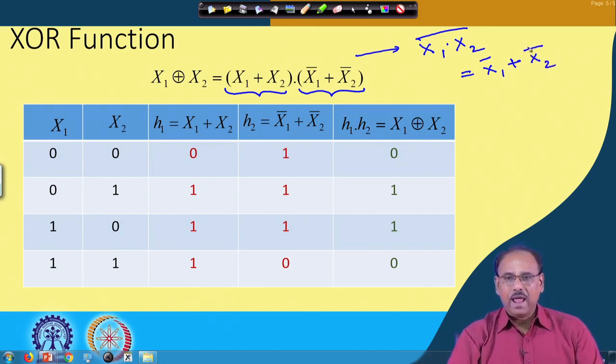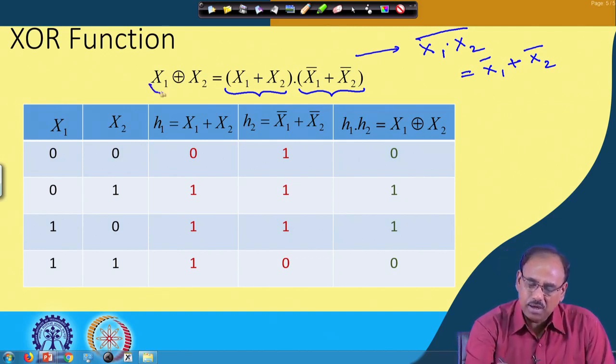So, I perform the OR operation of x1 x2, I perform the NAND operation of x1 x2, and these two outputs, the OR output and the NAND output, I AND them together, and that gives me x1 XOR x2.